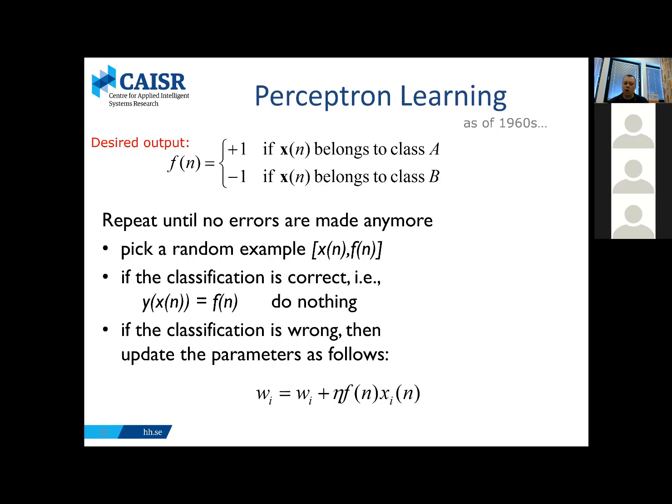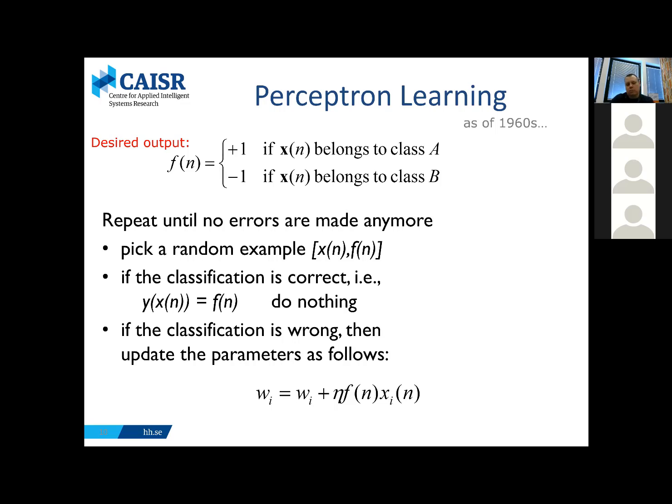If the classification is wrong, then we update the weights of this neuron so that it's more likely to give the correct answer on this example in the future. And if we can guarantee that doing this will eventually converge into something which gives correct decisions for all the examples, we are great, because we will keep doing this until we make no more errors, and then we have learned some kind of a function.